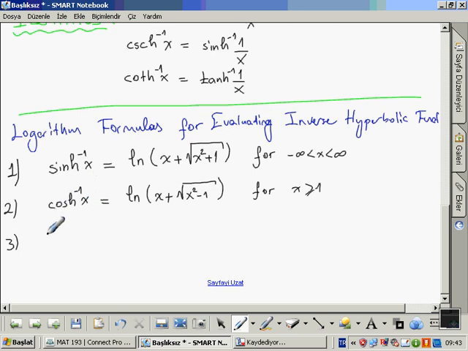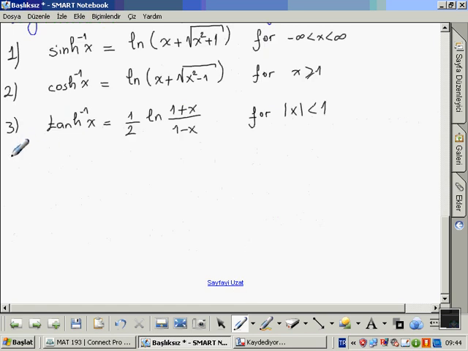And the third, inverse tanh x is equal to 1 over 2 times ln of (1 plus x) over (1 minus x), for absolute value of x less than 1.